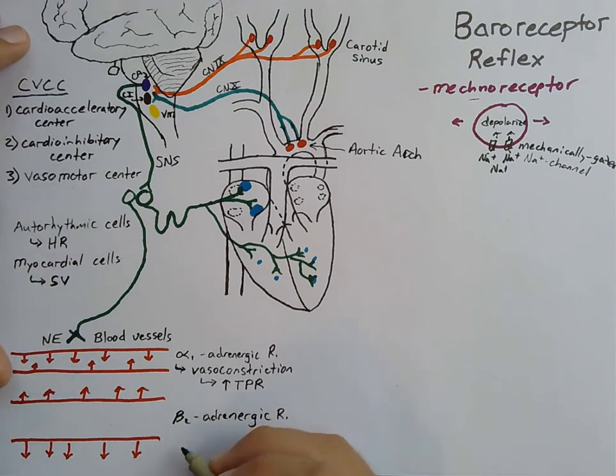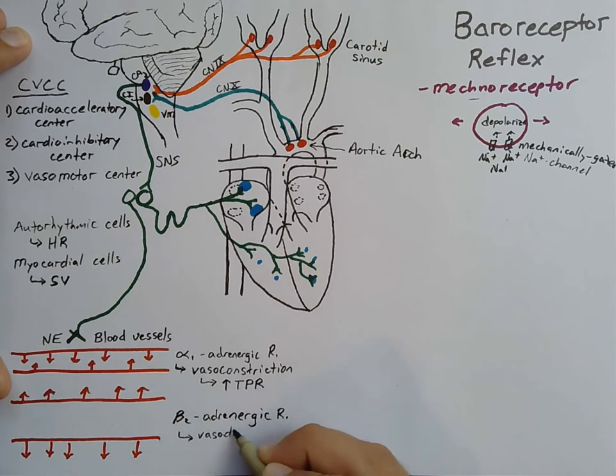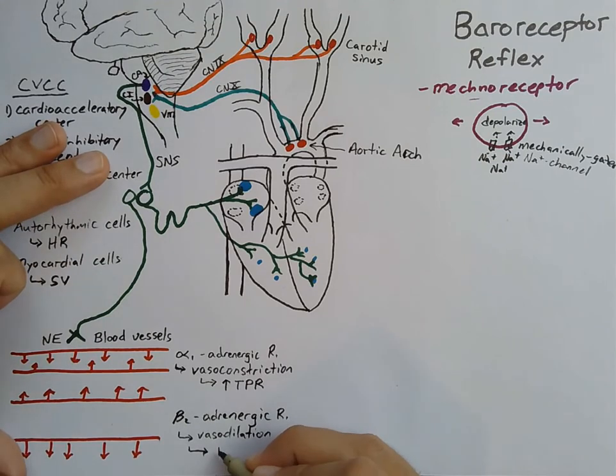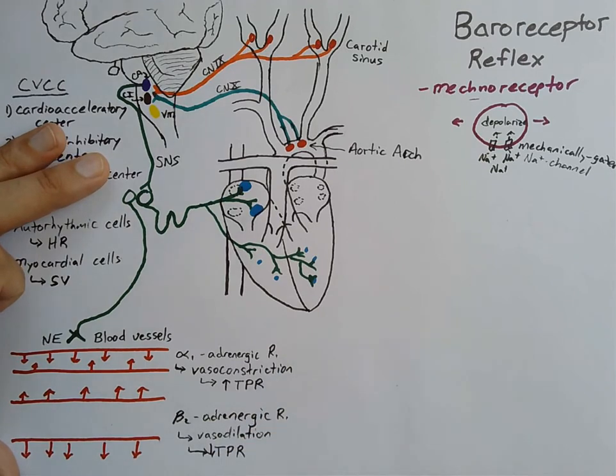So it's going to cause those blood vessels to vasodilate. And that vasodilation is going to increase the radius, decreasing the overall resistance. Pretty interesting stuff.